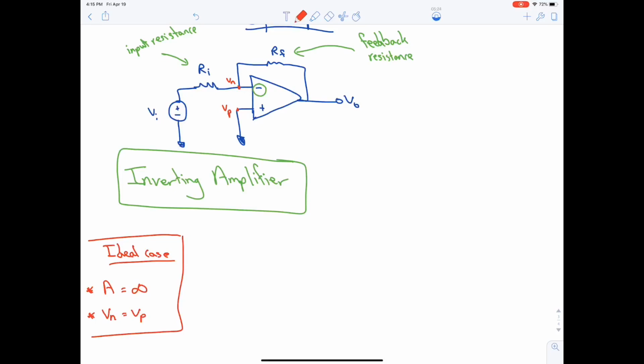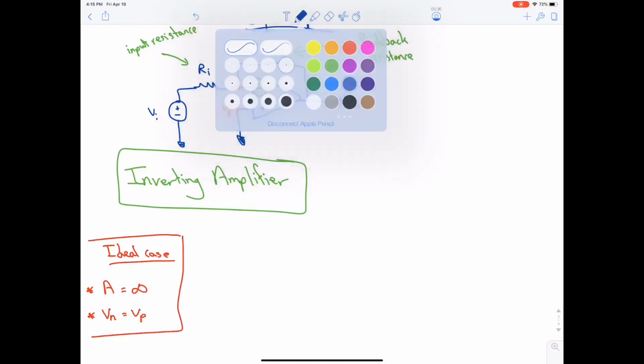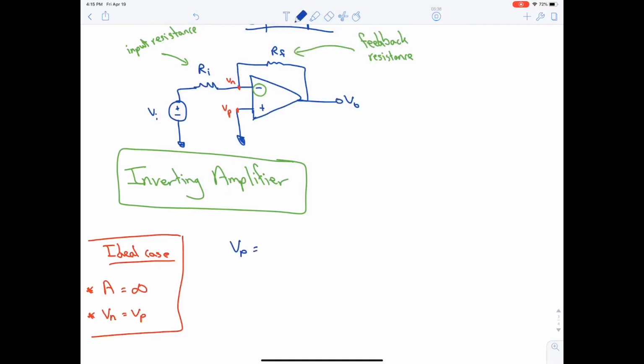So how do we solve for V output? We always start from these two points, Vn and Vp. Which of these two voltages do we have a direct value of? We know that Vp is equal to 0 because it's grounded. If Vp is equal to 0, this means Vn is also equal to 0.